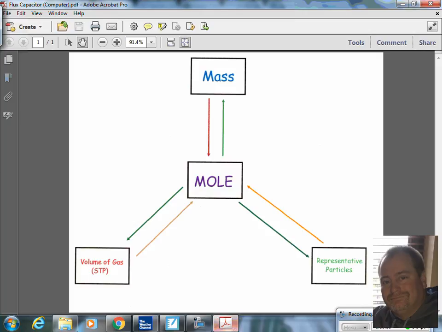So when I sneak back to my flux capacitor, what am I doing? Where am I at? I'm up here at mass, and I'm going to go where? To moles. So what's my conversion from mass to moles? 1 mole over the molar mass, right?